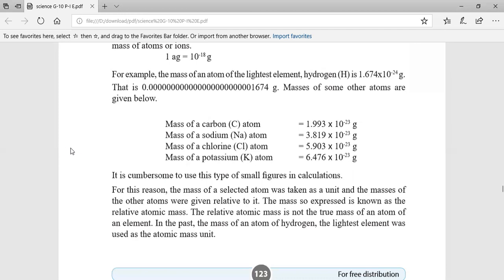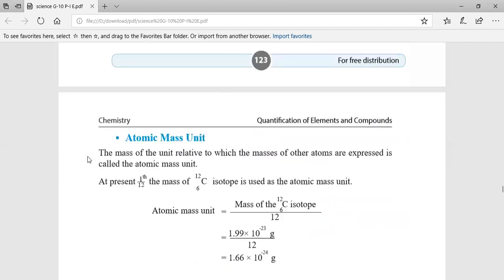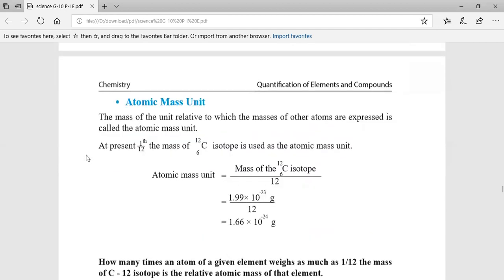First they used the hydrogen atom because it is the lightest, but it could not give the idea. Then we use the atomic mass unit.